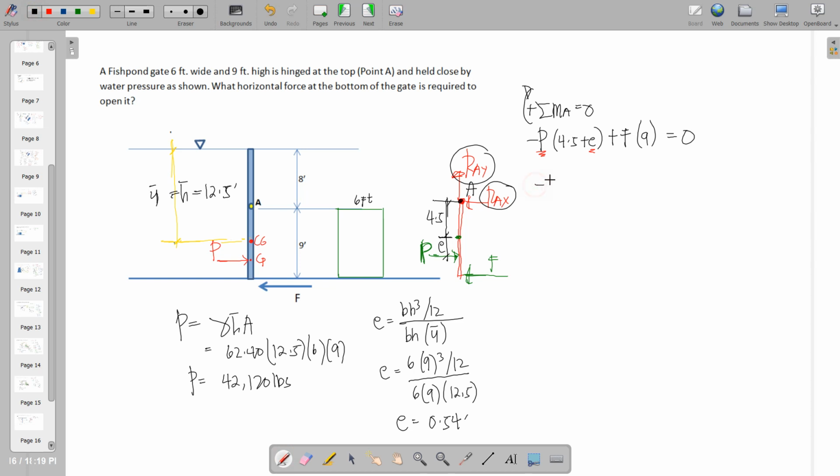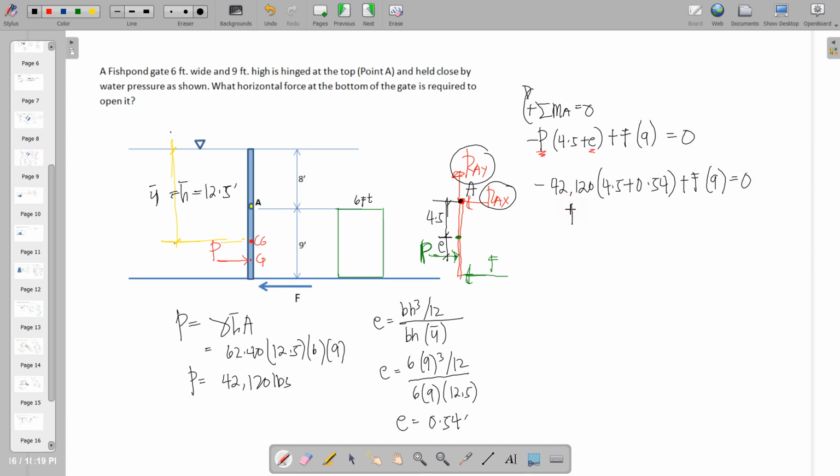So we are now ready to proceed with this equation. So this is negative 42,120 times 4.5 plus E, plus the unknown F times 9, that is equal to 0.